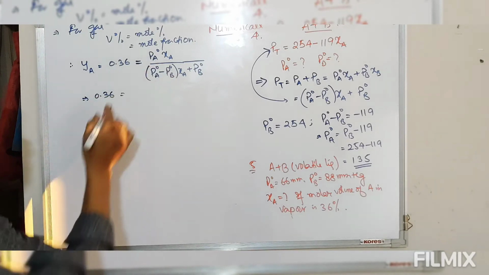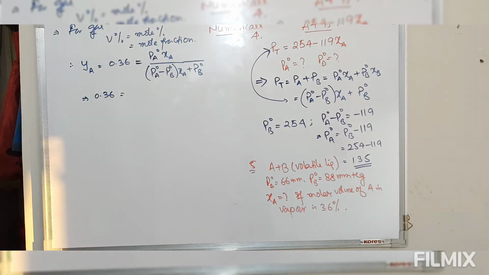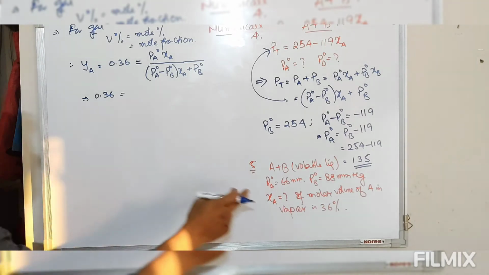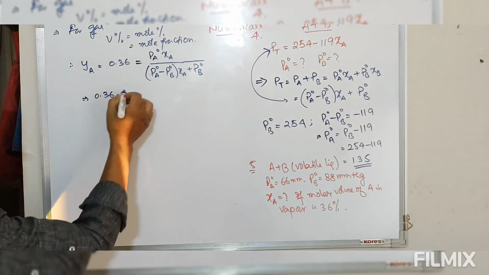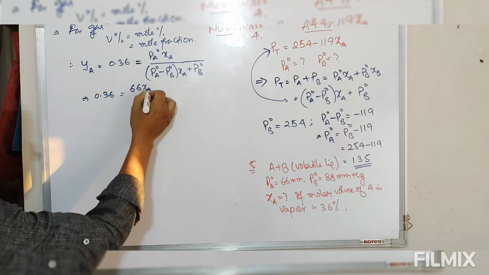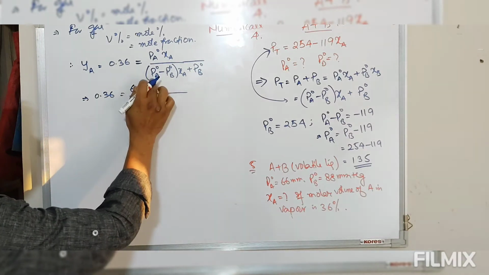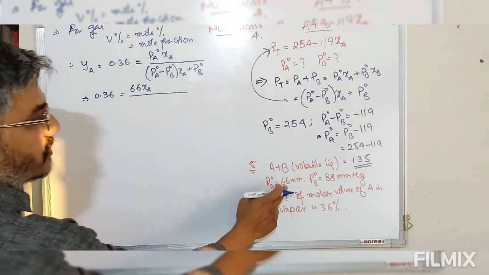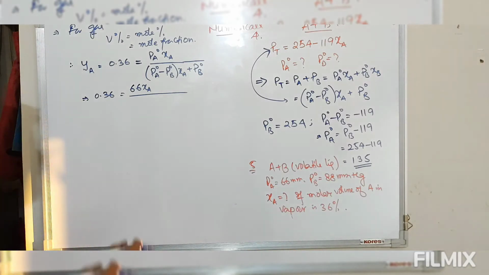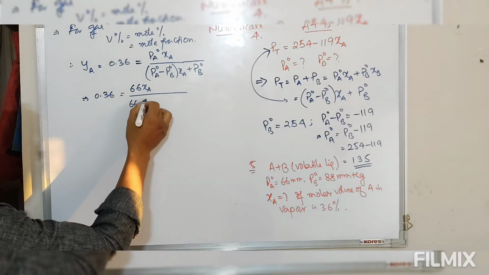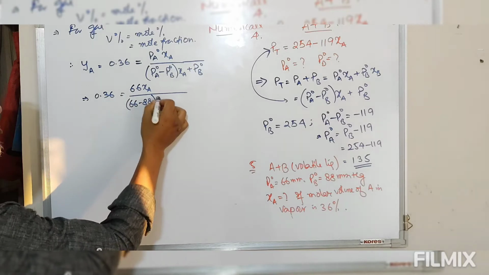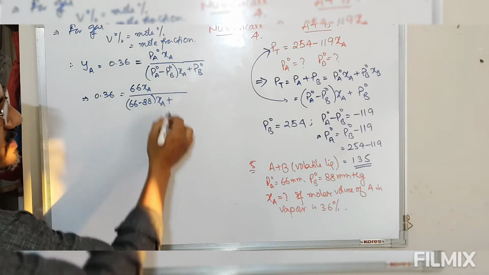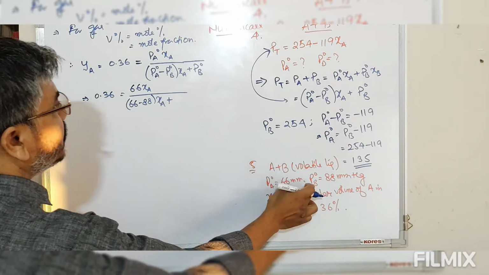Now look at this. 0.36 is equal to PA0 into XA, and PA0 is given here as 66, so we have 66 XA, divided by (PA0 minus PB0) XA plus PB0. PA0 is 66, PB0 is 88. So 66 minus 88 times the mole fraction of A, plus PB0.